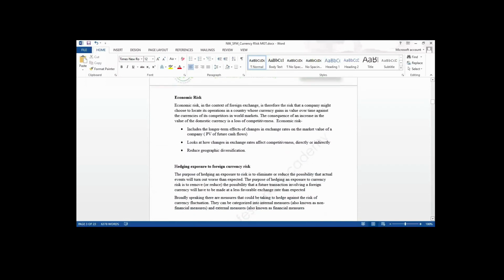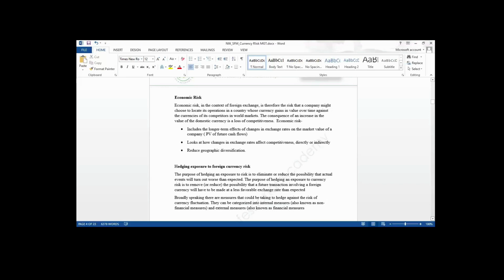Then lastly, we talk about economic risk. Economic risk in the context of foreign exchange is the risk that a company might choose to locate its operation in a country where the currency gains in value over time against the currency of its competitors in the world markets.